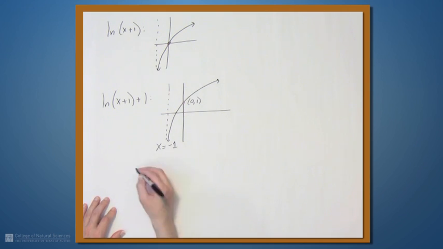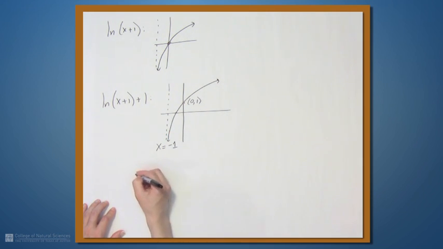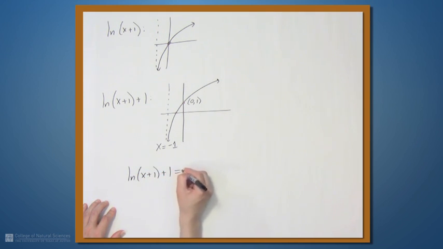So finding the x-intercept, this is the value of x for which y is 0. Because if you cross the x-axis, y is 0. So we want to write down natural log of x plus 1, plus 1 equals 0 and solve for x. So let's move the 1, this plus 1 on the outside, to the other side.